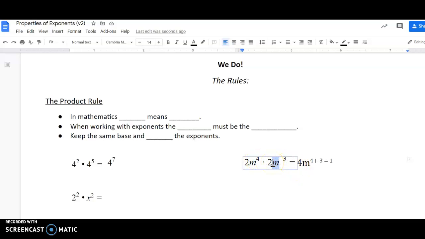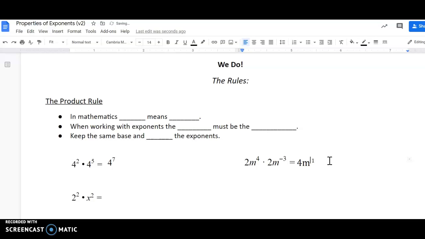Since the m's are the same, we can apply the product rule, which means we add the exponents. So we multiplied 2 times 2, gave us 4. We kept our base, which is m. We added 4 plus -3, which is a 1. So our answer would be 4m to the 1 power.